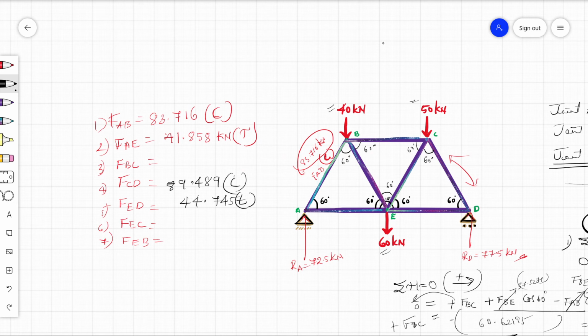The value of FBC is 60.62195 in compression, and we got to know the value of FBE or FEB, both are the same, that is 37.5279, which is in tension.